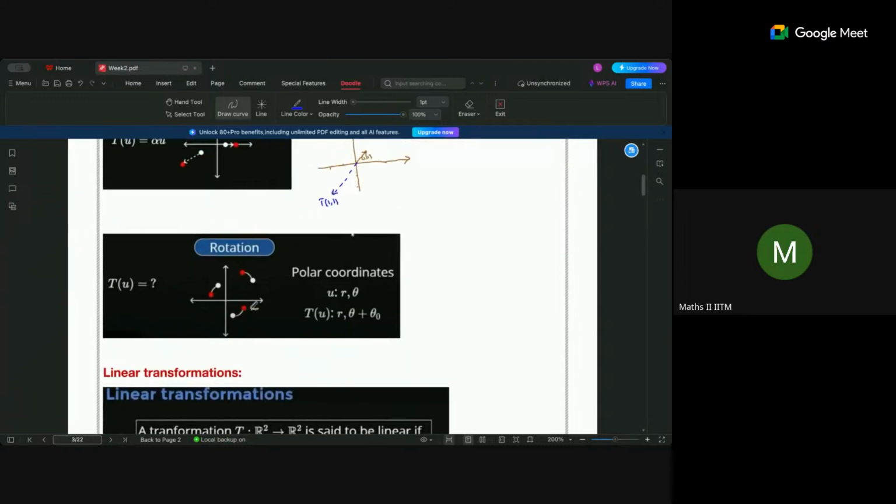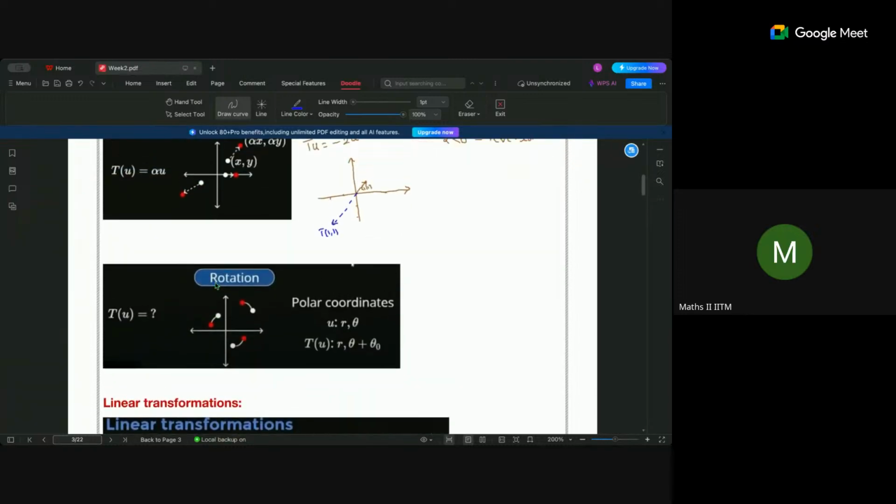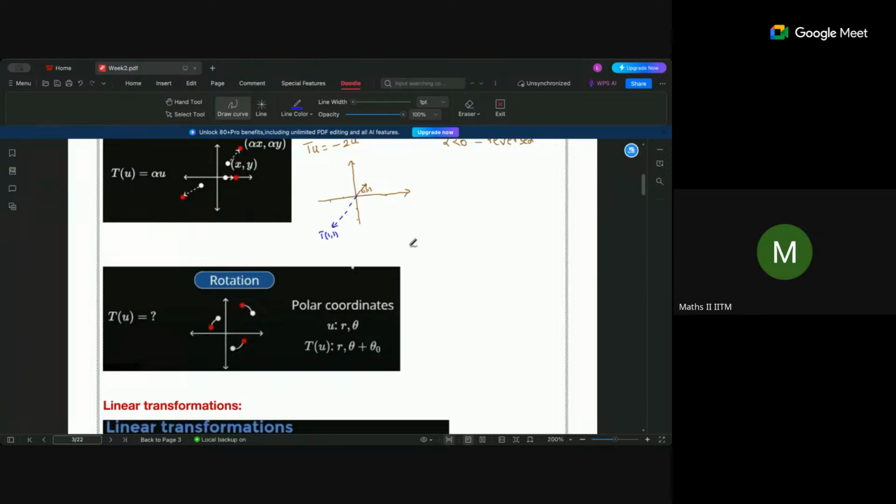And the next one is rotation. So in rotation, what is going to happen? Whatever vector you have, let us say you have a vector like this. Let r be the magnitude of this vector.